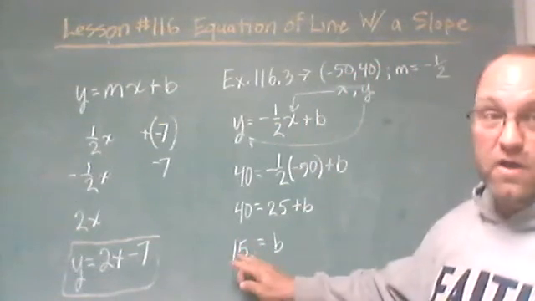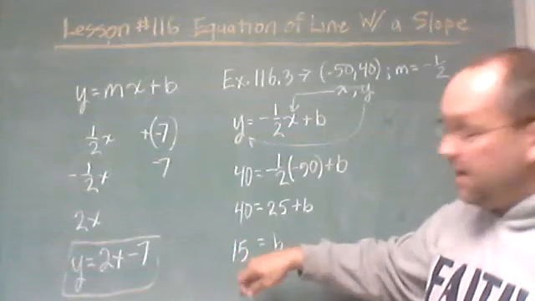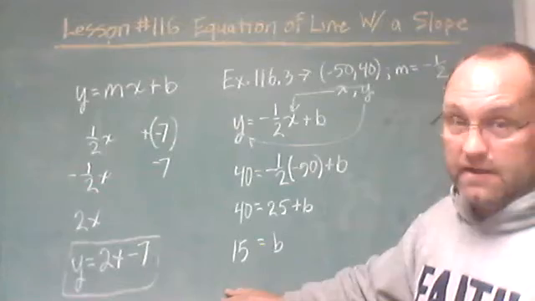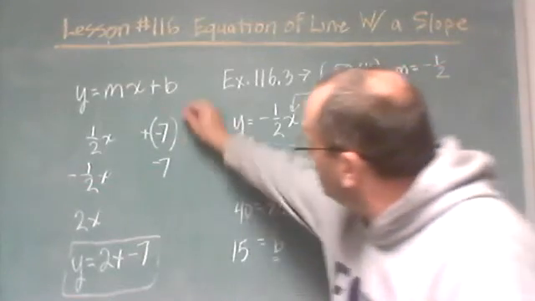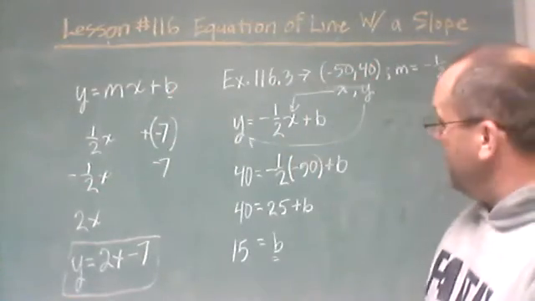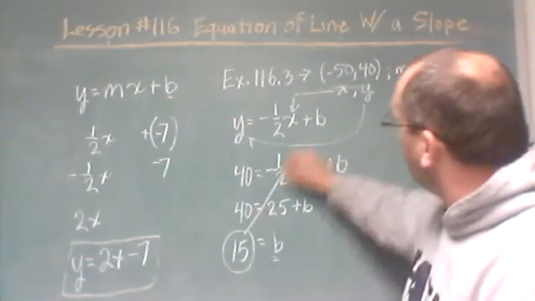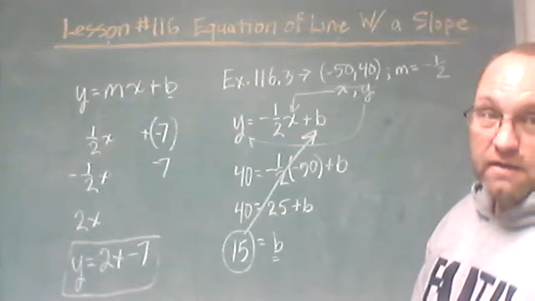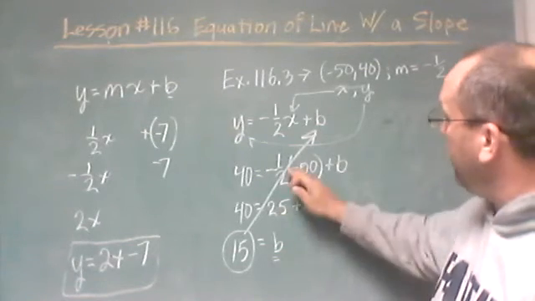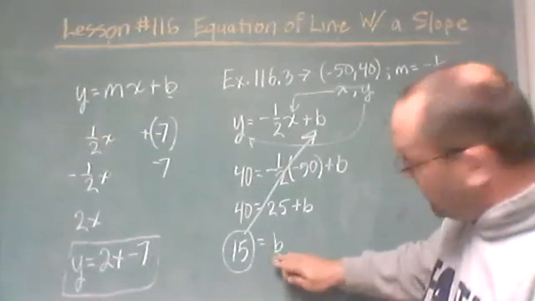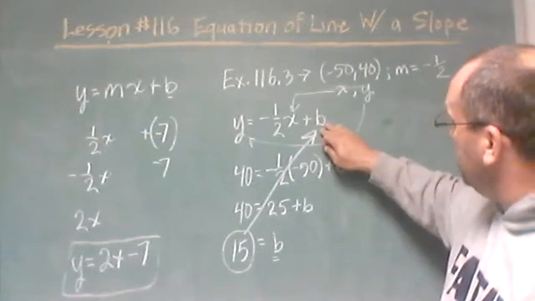Now, some of you will do this and circle this as the answer to the equation of the line. This is not the answer. This is only the b part, only one component. What do we do from that point? We take that 15 and plug it in for b. The whole point of plugging in an x and a y was to determine what that b is.